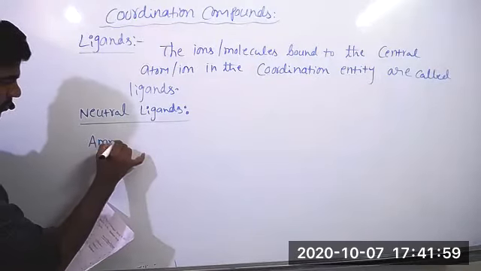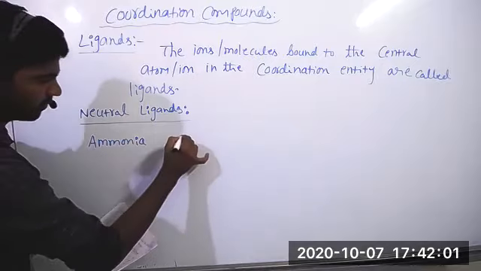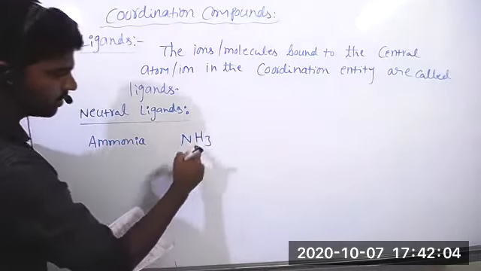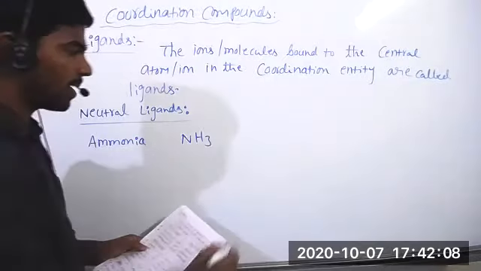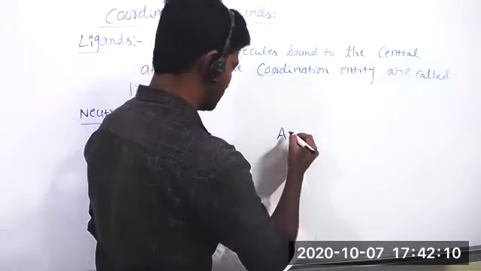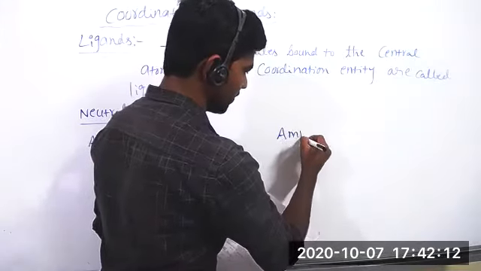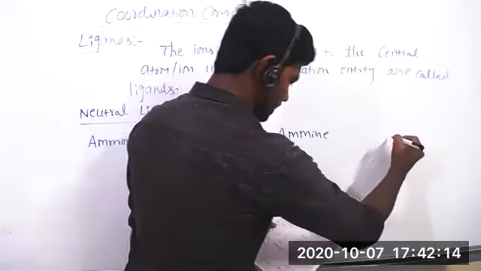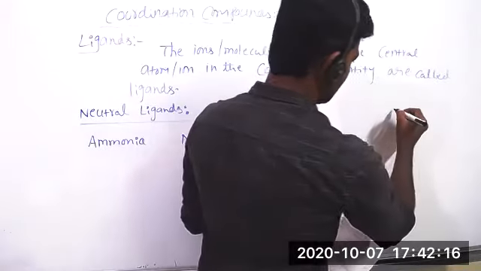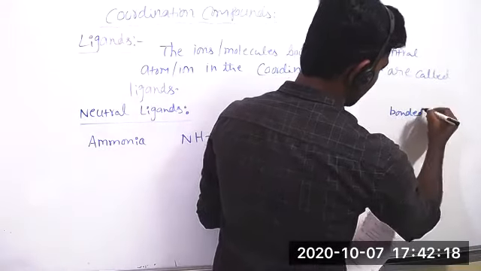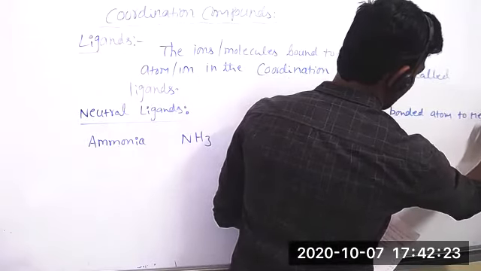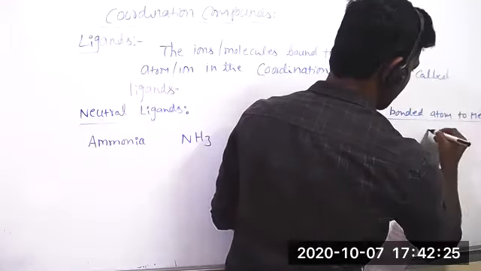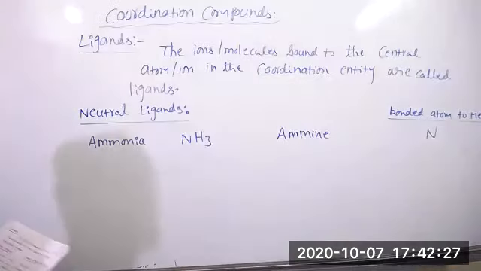Ammonia, formula NH3. When ammonia is in a complex, we use the name ammine. Don't call it ammonia in a complex. Bonded atom to metal is nitrogen.